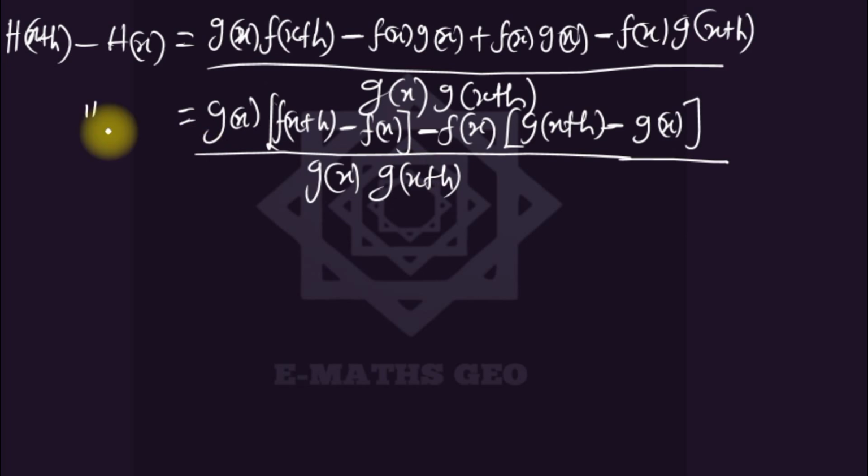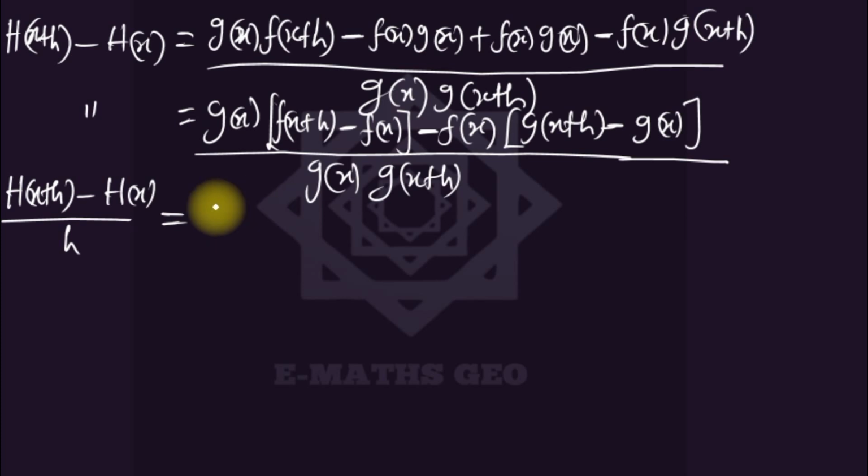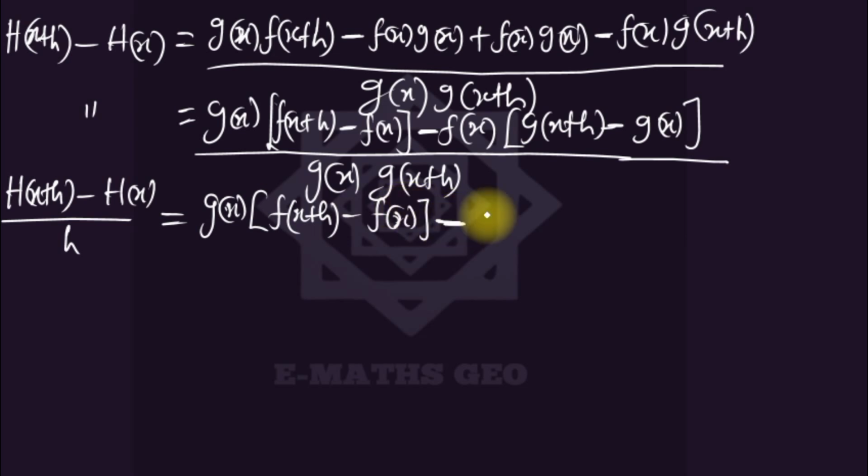So next thing, we need to divide by h. So the next step is to do this divided by h, which is dividing this by h. So we need to do it fast so that we won't waste time. Remember this is minus, so it splits this into 2.